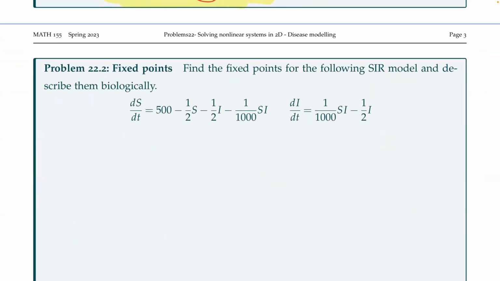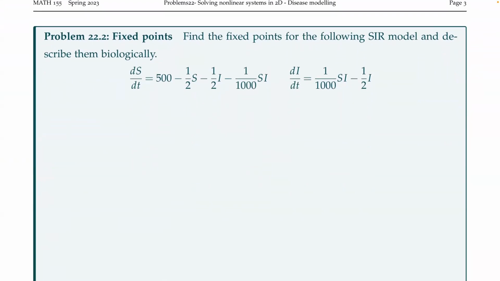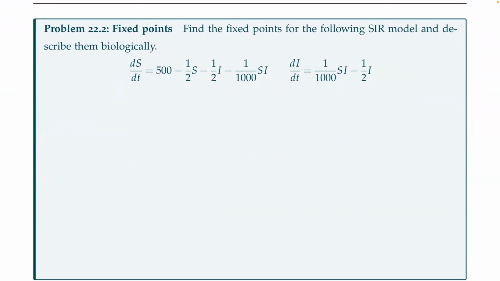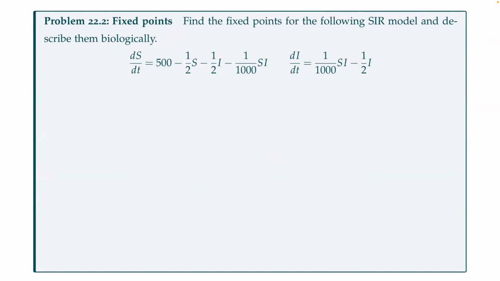Okay, so let's think about our fixed points. Fixed points are the same as equilibria. I defined the fixed points for this SIR model. It's the same as above, basically, but now it's got a few different numbers in here rather than parameters. The structure is basically the same though. So how do we find our fixed points?